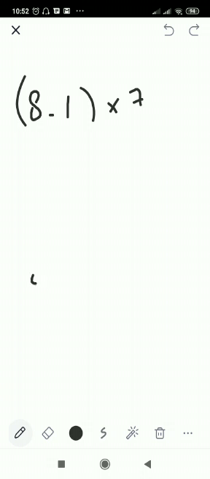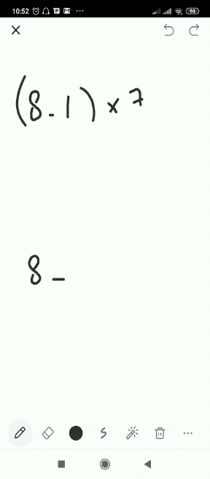Now you can see there's an example over here. 8 minus 1 multiplied by 7. We are going to do it in both ways, and see what change there will be if you put the brackets differently. If I put the bracket around 8 minus 1, what will be the answer?